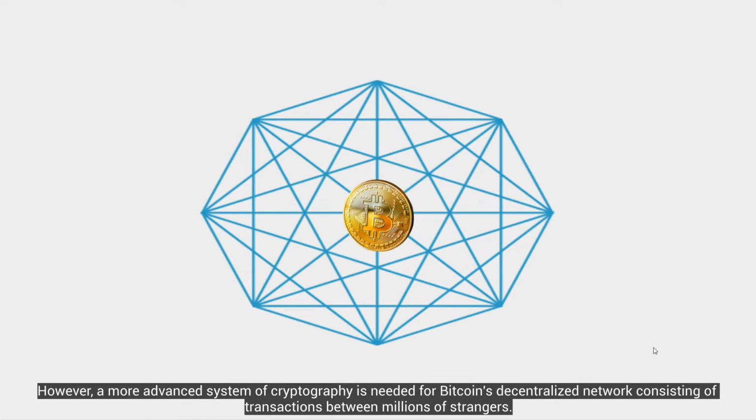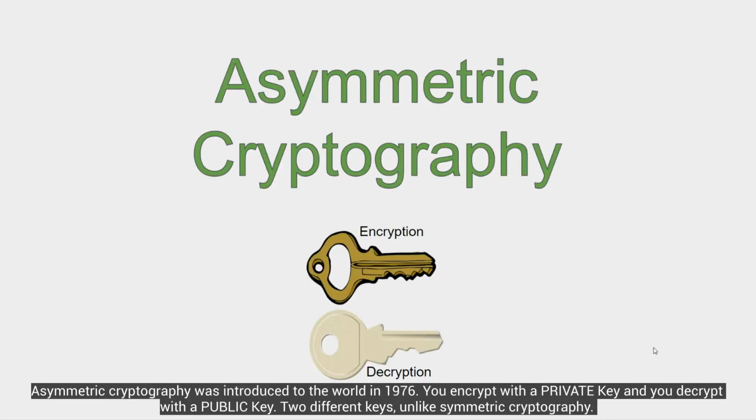However, a more advanced system of cryptography is needed for Bitcoin's decentralized network consisting of transactions between millions of strangers. Asymmetric cryptography was introduced to the world in 1976. You encrypt with a private key and you decrypt with a public key. Two different keys, unlike symmetric cryptography.